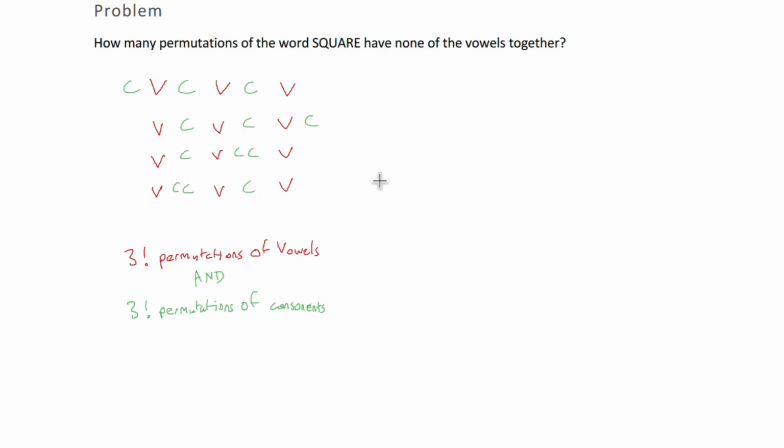That would have kept the vowels all separate. So there's another part to this. There are 4 options for how we split. So in total, we have 3 factorial times 3 factorial times 4, which is 144.